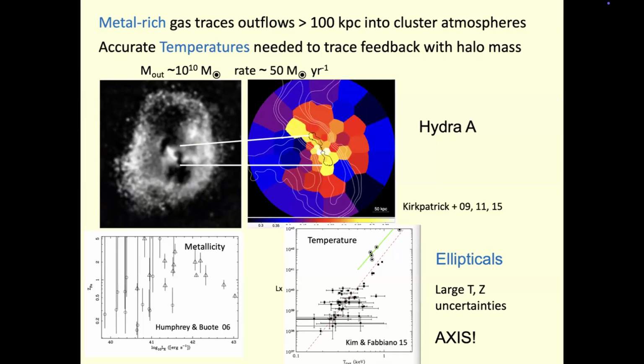One temperature is fine for a rough estimate of the mass, but ideally you'd like to get several temperatures to measure a temperature profile when measuring hydrostatic masses. And in most cases in ellipticals, that's not possible because we just don't have enough photons. And with the spatial resolution and throughput of Axis, I think this is going to be a huge area for progress.